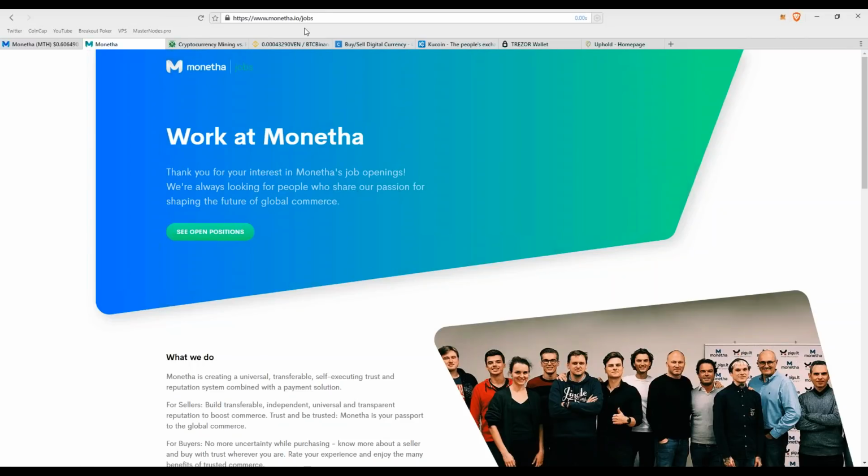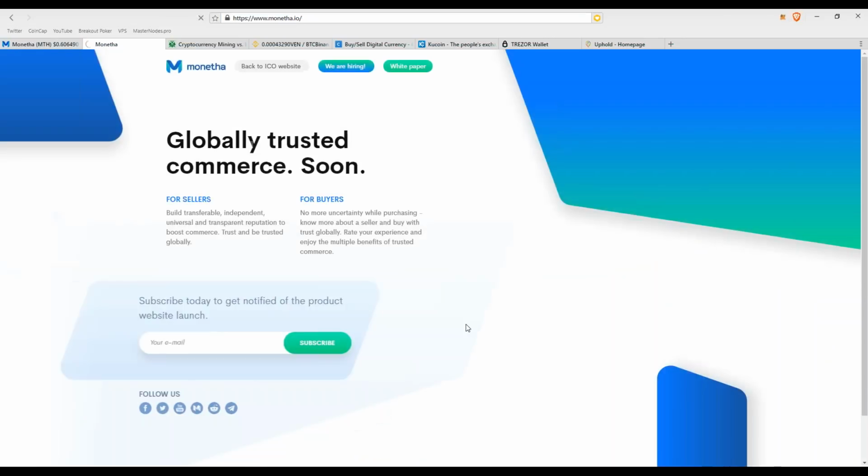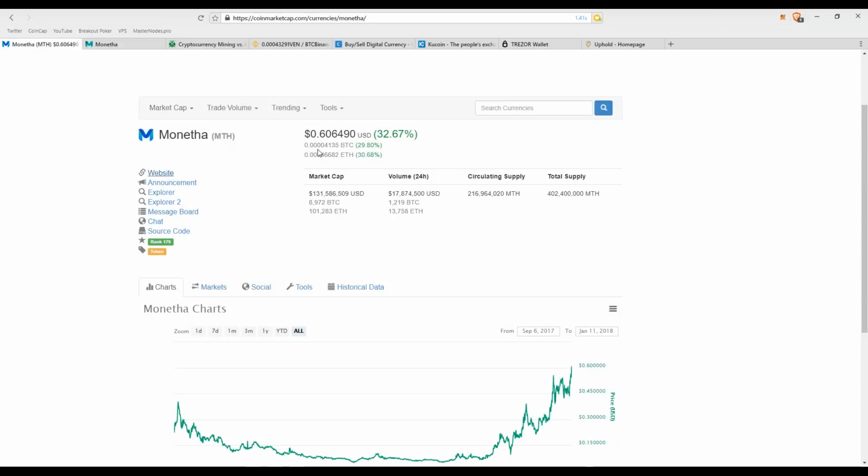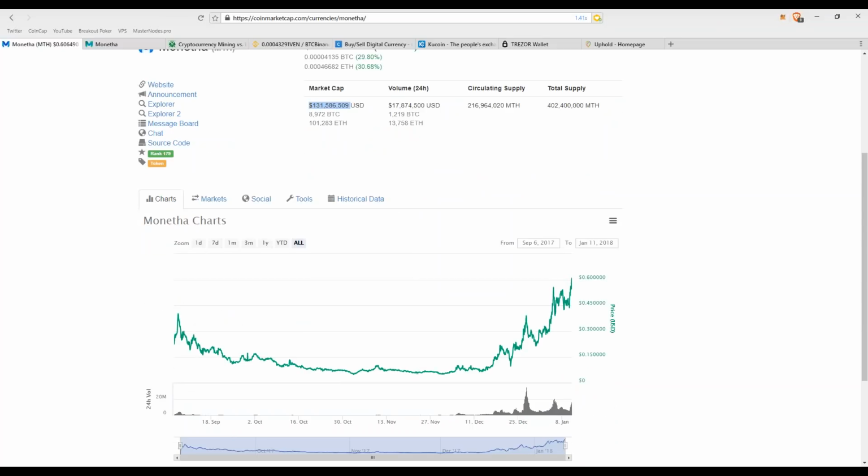What do I see as the potential value of this product? So this looks like it's essentially a Craigslist on the blockchain, like a trustless Craigslist thing. Okay, cool, whatever. Do I think that it's currently maybe worth $131 million? Probably not, but that aspect doesn't matter to people right now.